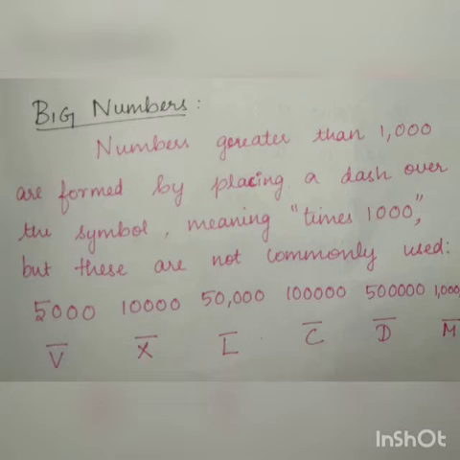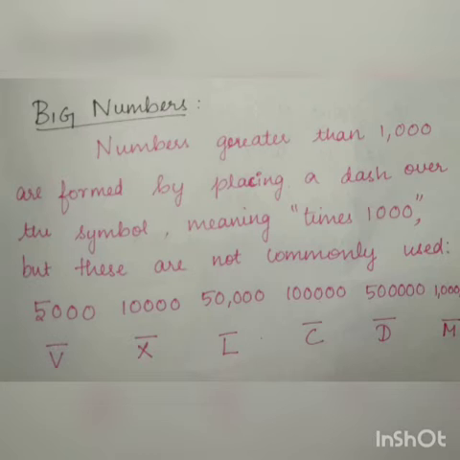But these are not commonly used. One example is for 5000 you will write V bar. That bar denotes 3 zeros actually. If you delete these 3 zeros from that, what is remaining in 5000? 5. So V stands for 5, so V bar. Likewise 10,000.